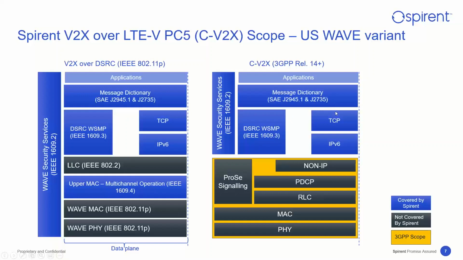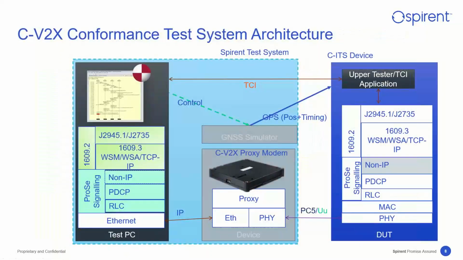Same with CV2X, at least in the US WAVE context. This is an illustration of it. You have the TT Workbench test system here on the left-hand side, and we can emulate any of those protocol stack layers that we support.